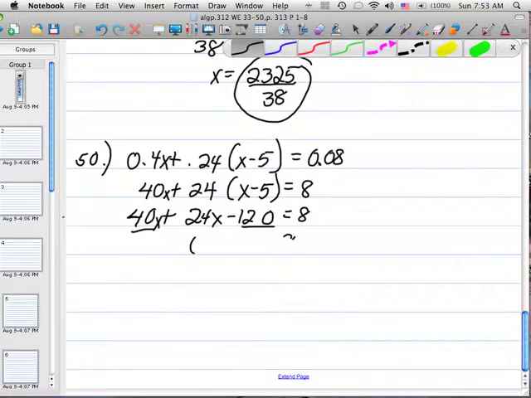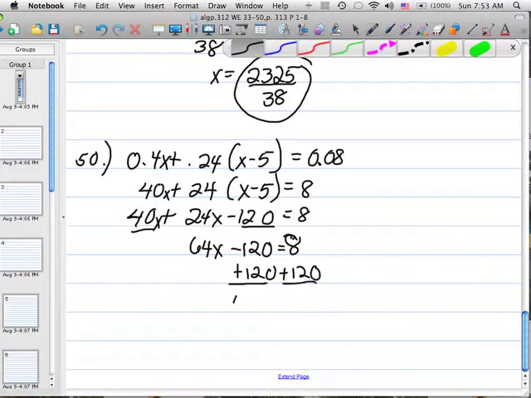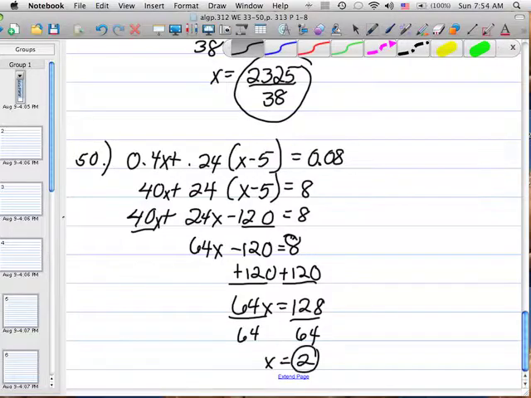So 40x plus 24x is 64x minus 120 equals the 8. Add 120. So we get 64x equals 128. Divide by 64, and x equals 2.